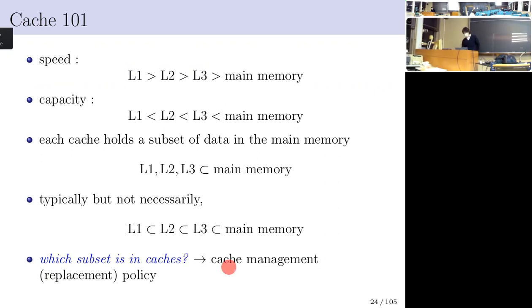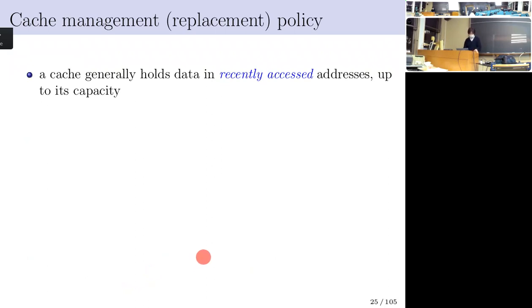And this can be made sense of by learning how the cache manages its data, something called the cache management policy or cache replacement policy. So this is the basics of the cache management or replacement policy.